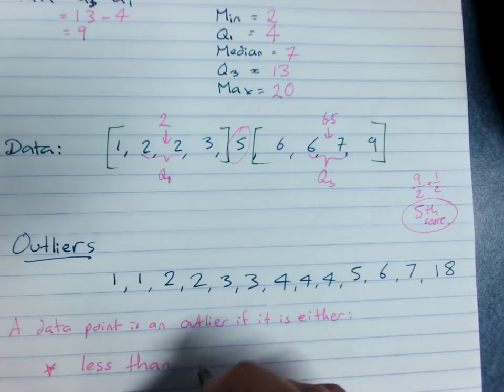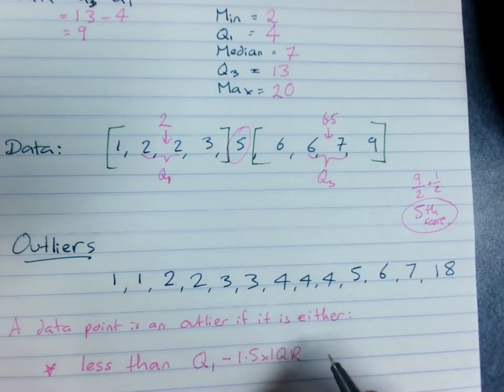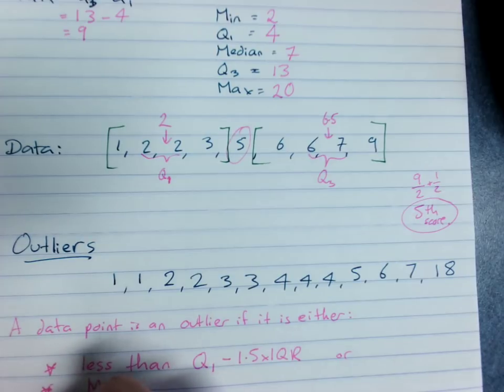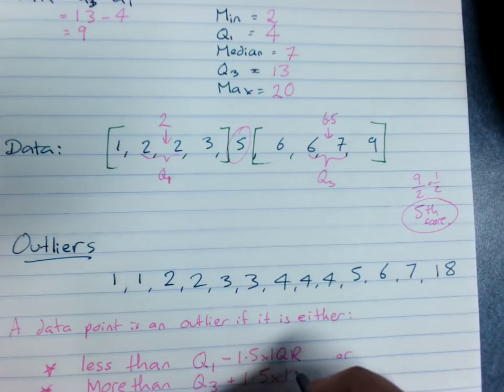So if it's less than Q1 minus 1.5 times the interquartile range, or if it's more than Q3 plus 1.5 times the interquartile range.